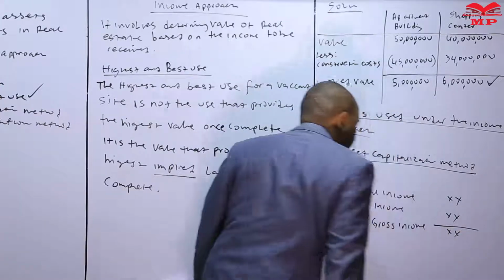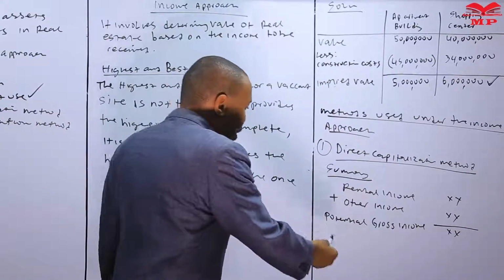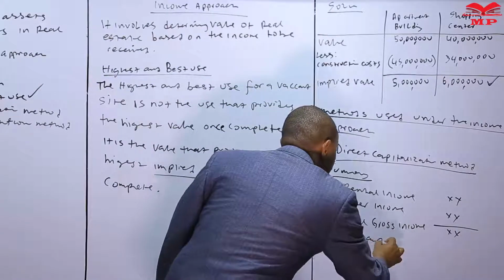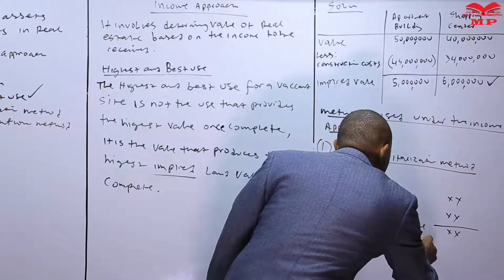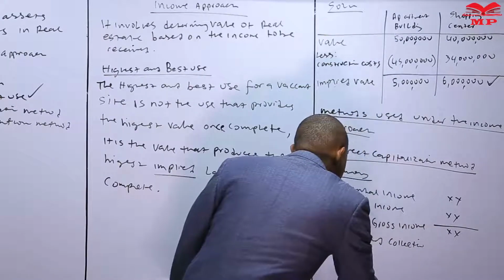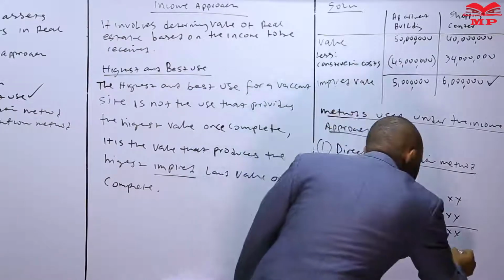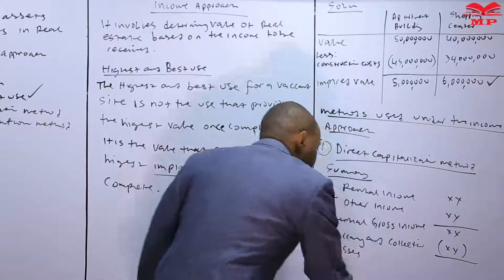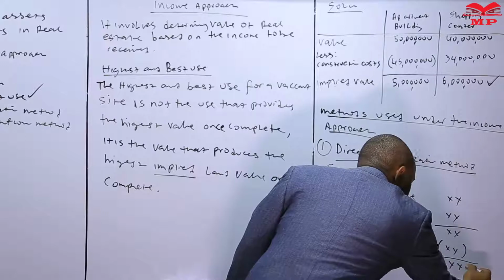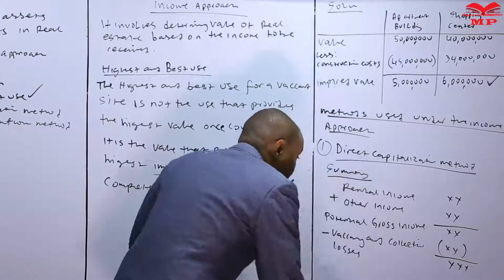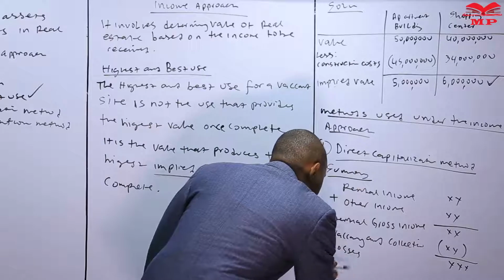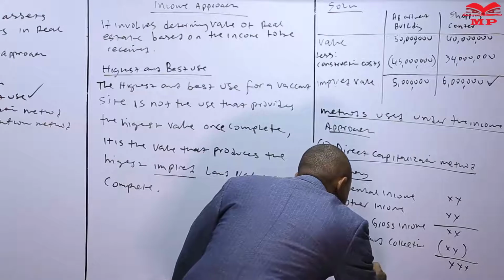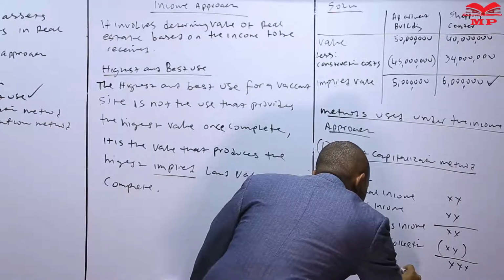Once we get potential gross income, we less the vacancy and collection losses. So we put that in brackets like that. Then we get the effective gross income.